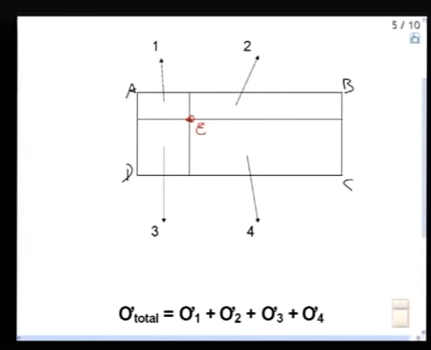What did I do? I divided the rectangle into 4 rectangles, where E is always under the corner of one of them. Rectangle 1, rectangle 2, rectangle 3, rectangle 4. Now what I have to do, look at me. This is L and this is B for rectangle 1, right?